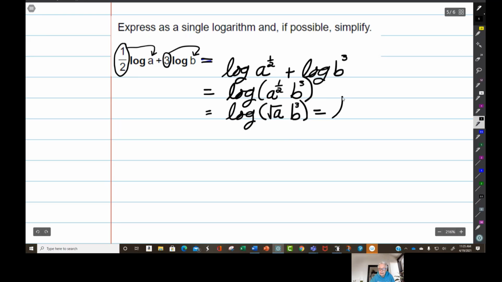So I'm going to rewrite this as log of B to the 3rd power times the square root of A. Boom. Think about going backwards.